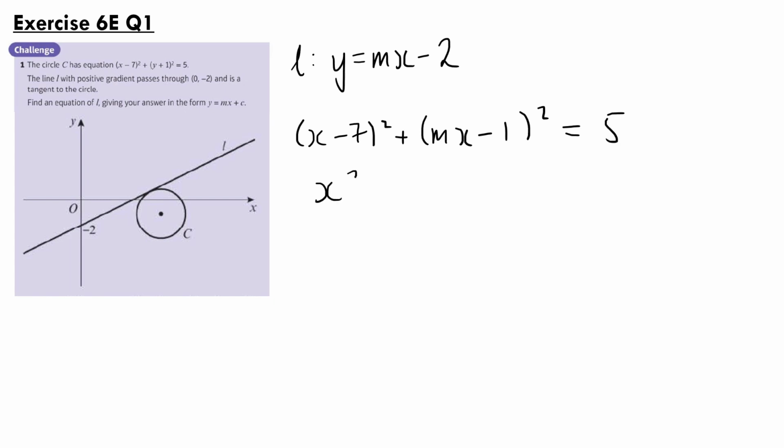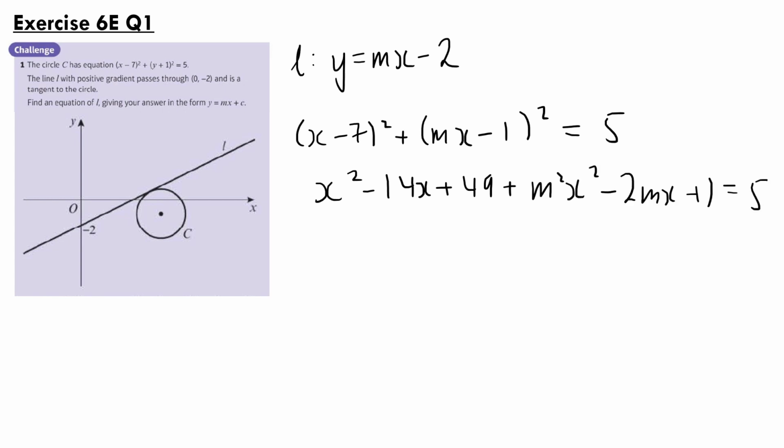So we get x² − 14x + 49 + m²x² − 2mx + 1 is equal to 5. And so, collecting terms, we get (1 + m²)x² − (14 + 2m)x + 45 is equal to 0.